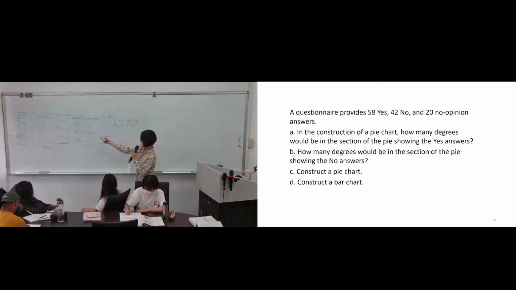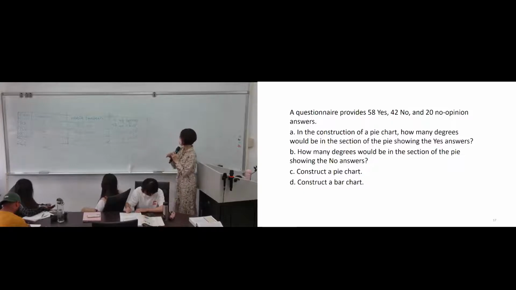The same for no, 42 out of 120, and we multiply it by 360 degrees. And for the no opinion, 20 out of 120 multiplied by 360 degrees. And then we can use the pie chart and specify the three categories.